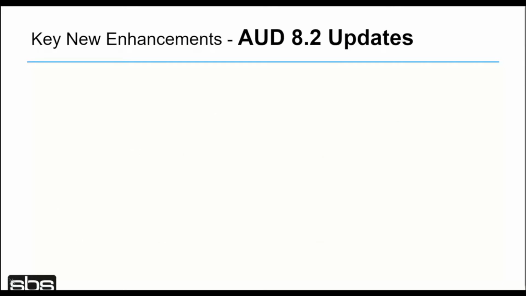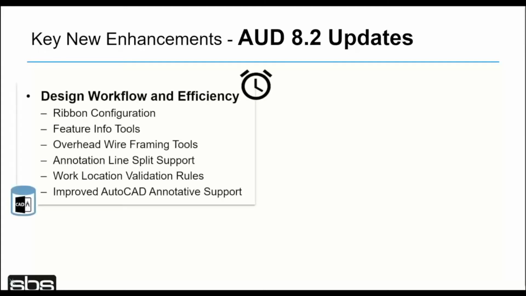So to get into a little bit more detail on the 8.2 updates, in terms of the design workflow and efficiency area, we have a lot of enhancements to the AutoCAD ribbon that'll allow configurations to be better packaged up, avoid the need to roll out as many changes to the AutoCAD configuration, and streamline how the workflow with the ribbon operates.